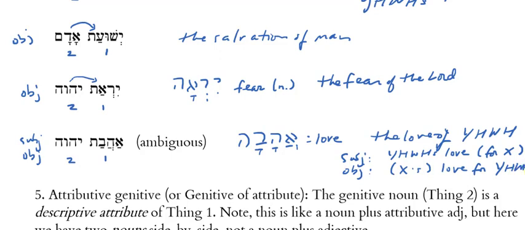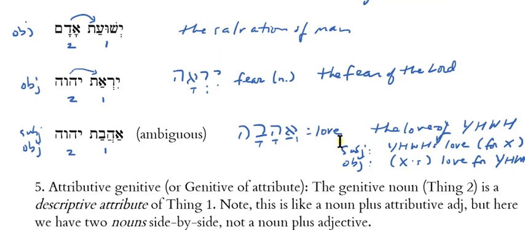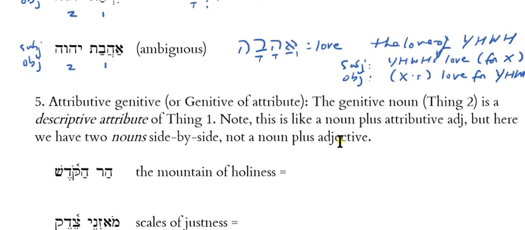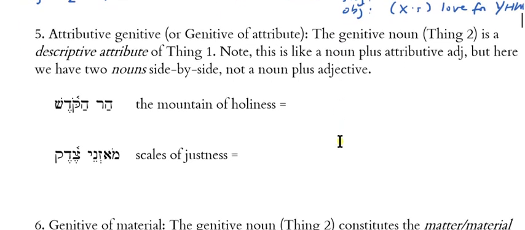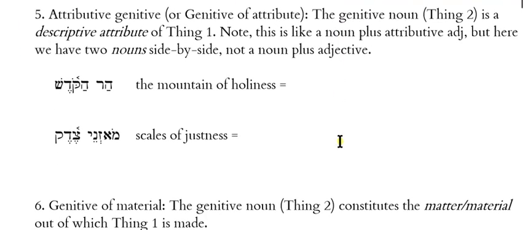Okay? So that's the difference between the subjective and the objective genitive. Most of the time you can tell the difference in the context of your sentences in the Hebrew Bible. Sometimes it is ambiguous and it takes a little bit more thought.